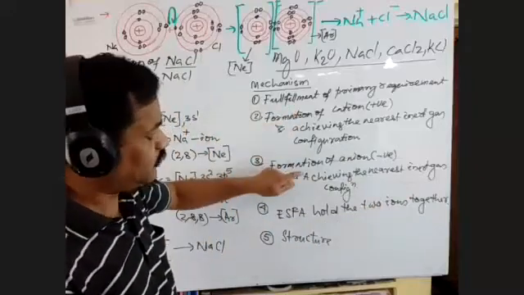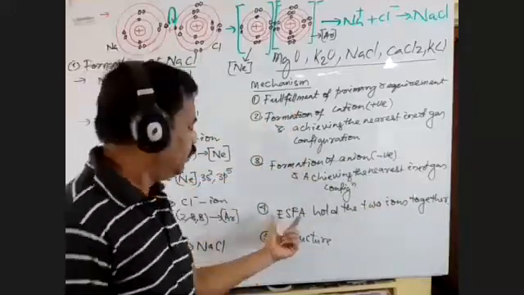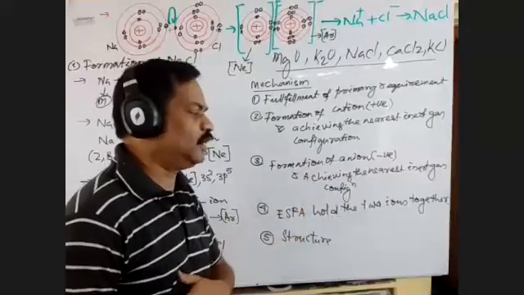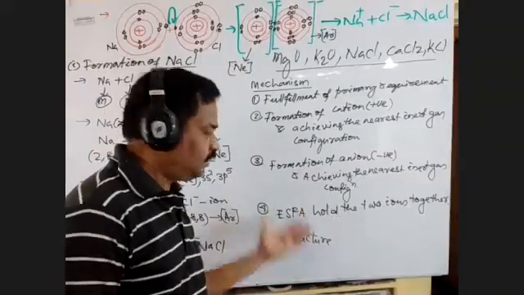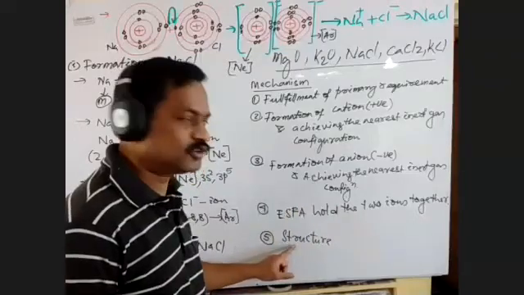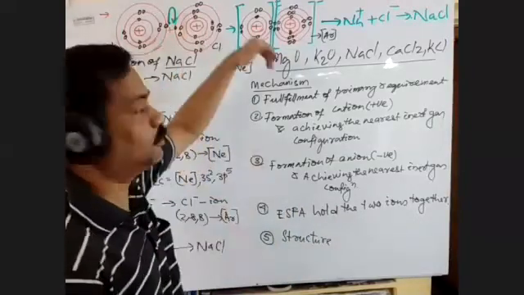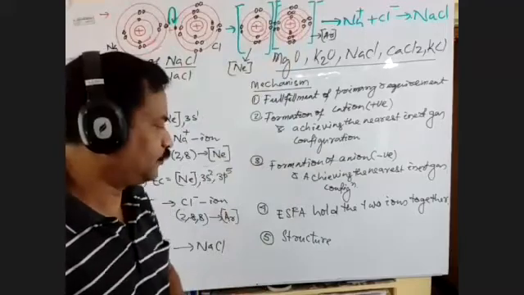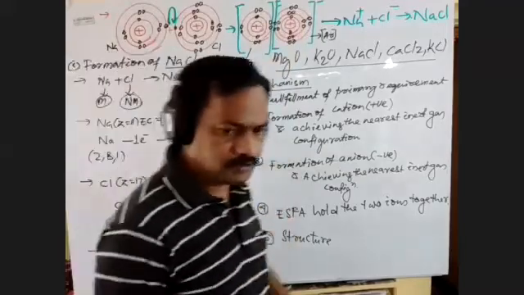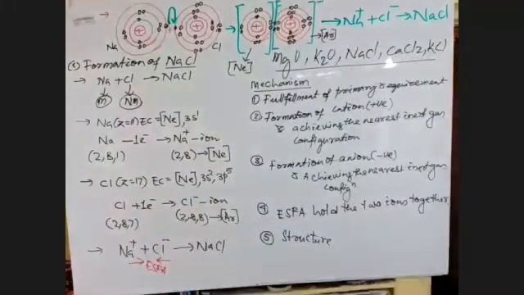Then the two ions are held by electrostatic force of attraction. Then you draw the structure, showing how the bonding is taking place.